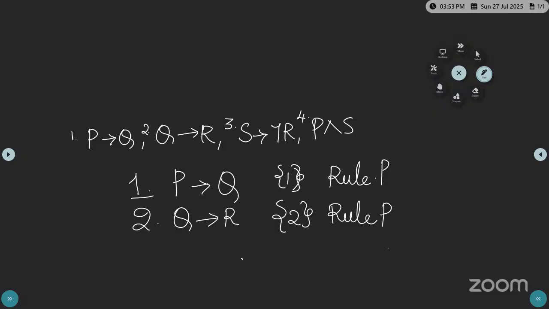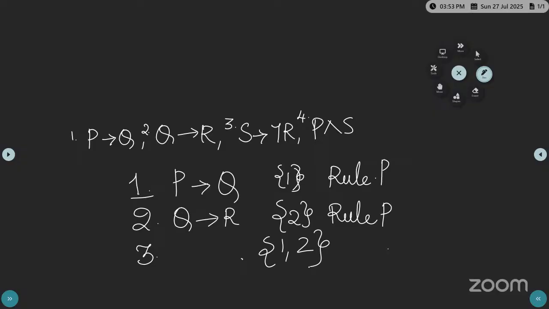In the morning I told. 1, 2, 2, 3, so 1, 3 it will become. That tells the equivalence relation. Right? So I am writing here step 3, and the predicates used here are 1, 2. First one and second one.